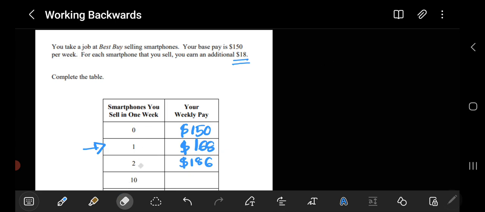Since we are selling 10 smartphones, I can simply multiply. My base pay is already $150 and I'm selling 10 smartphones. That means I'm going to do 150 plus 10 smartphones, and since each one gives me $18, 10 will give me 10 times 18.